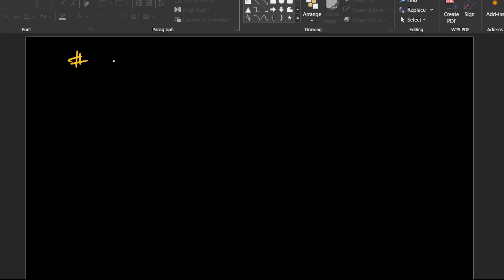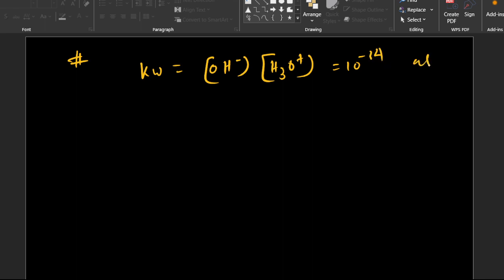So what we know is that Kw equal to OH minus concentration times H3O plus concentration. This we discussed in the previous class, and this is equal to 10 raised to minus 14 at 25 degrees centigrade.